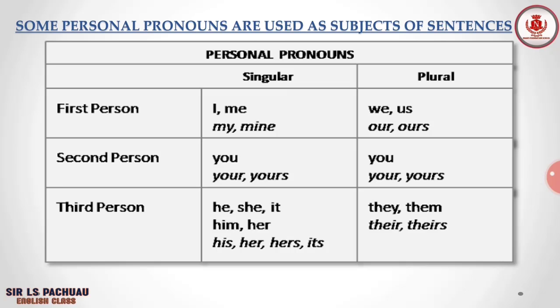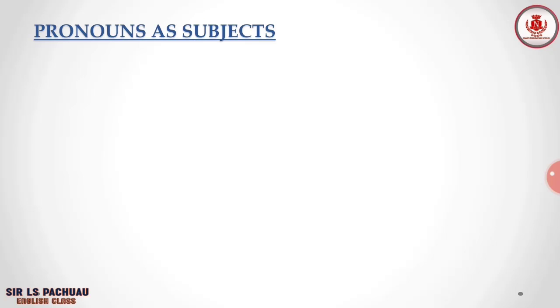Third person singular is he, she, it, him, her, his, hers, its. Third person plural is they, them, their, theirs. These are the personal pronouns, but some of them can be used as subjects of sentences, and some cannot.